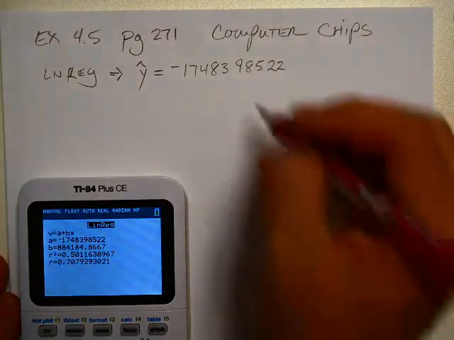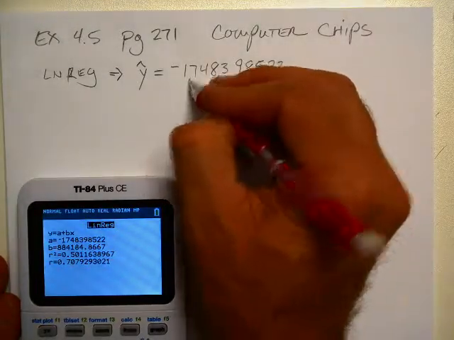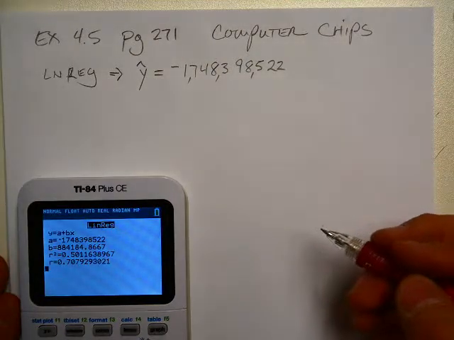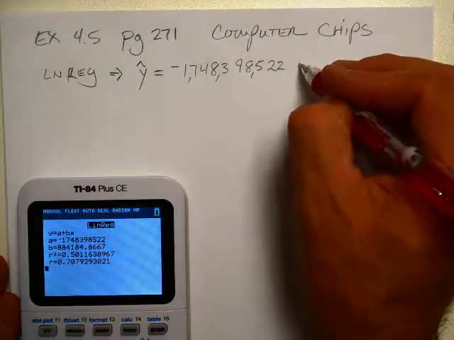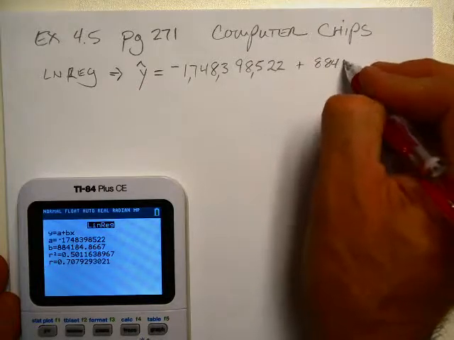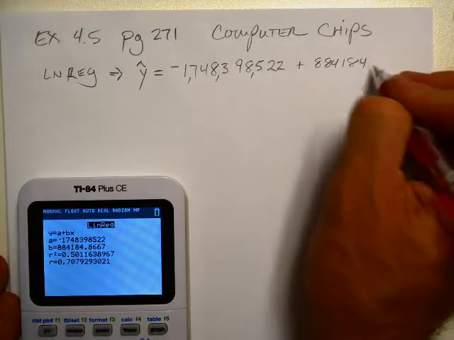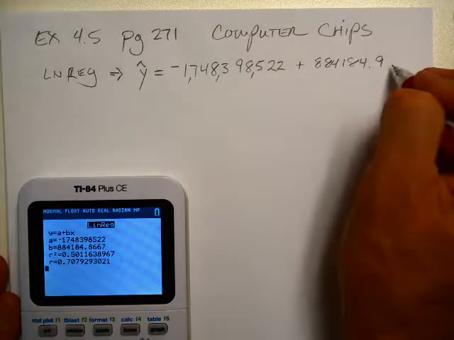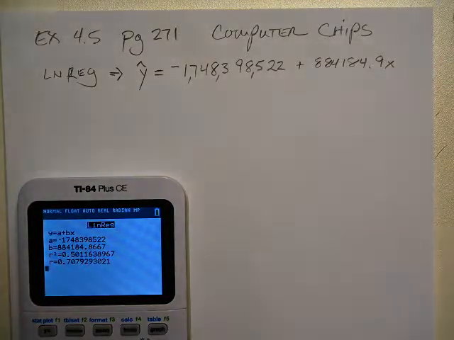That's a whole number. That's a big one. Let's add into the trillions, no, billions. Plus 884,184 point, I'm going to say 9x. Y-intercept's the same.